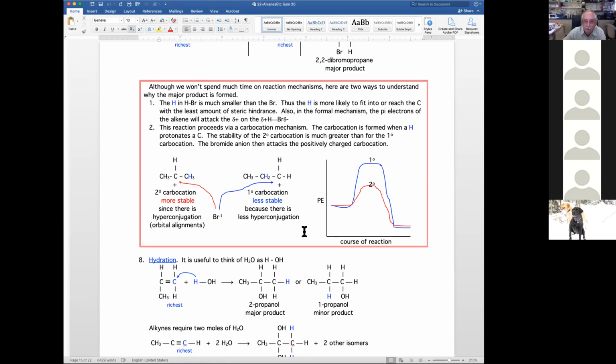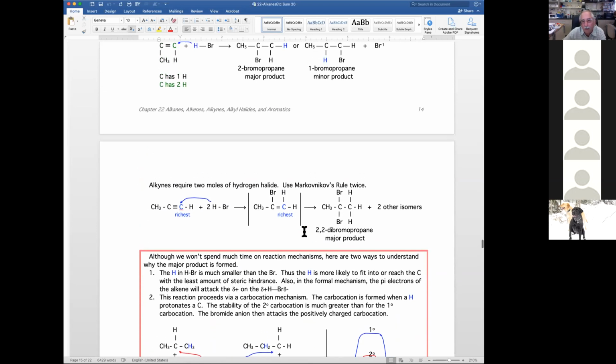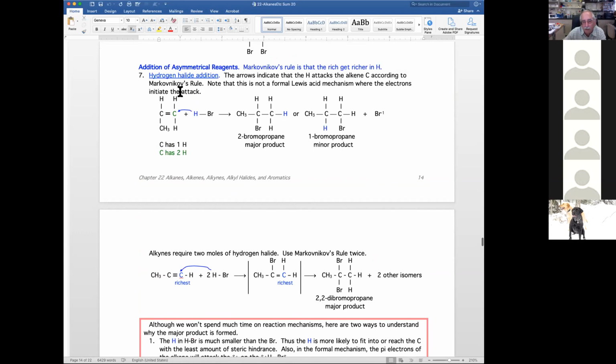So we're looking at Markovnikov's rule. If there was an enzyme that governed how this reaction went, to catalyze this reaction, we would not get two products. We would get only one product. The cell does not have time or energy to say, oh, well, I made some of this, but now what do I do with all this junk stuff I don't need? It's going to muck up everything.